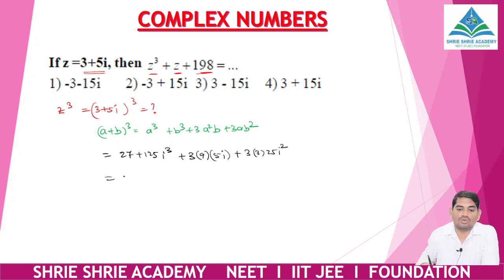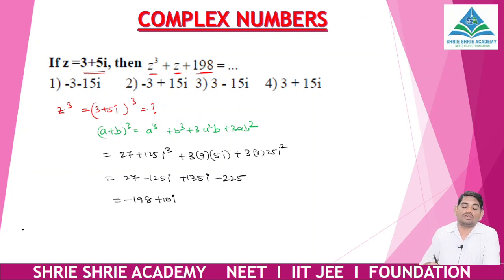So which is equal to 27 minus 125i, then 27 into 5, plus 135i plus 225 i square, we got minus 225. So which is equal to minus 198 plus 10i.